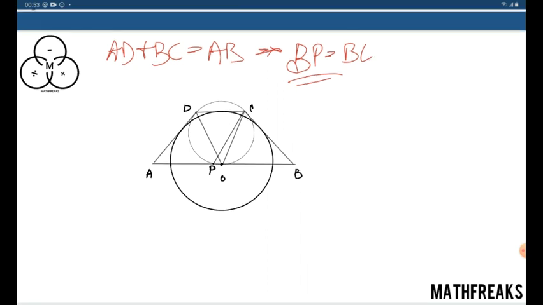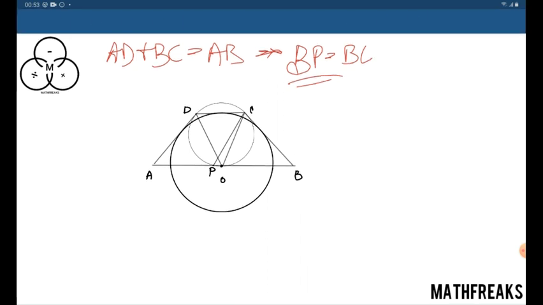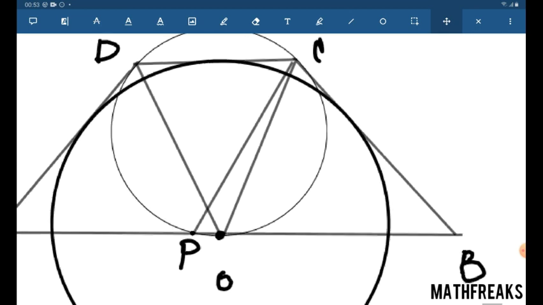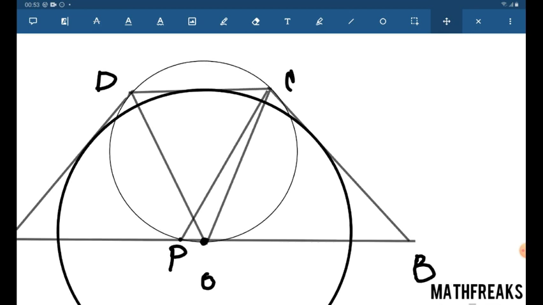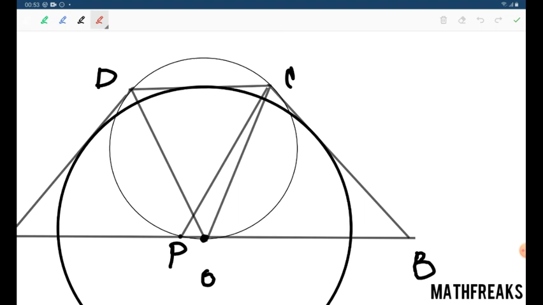How to prove this statement? Very simple. This is a circle. CO is a chord. P is any point on the circle. Angles subtended by the same chord are equal. This is theta, this is theta.